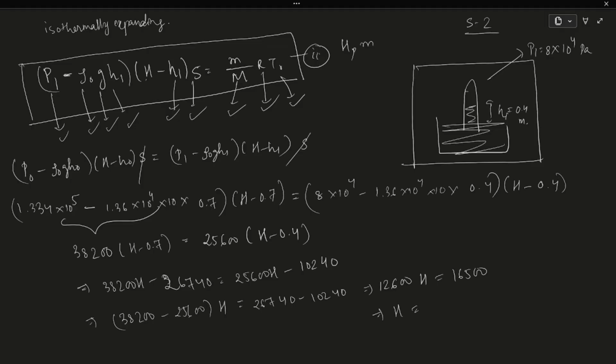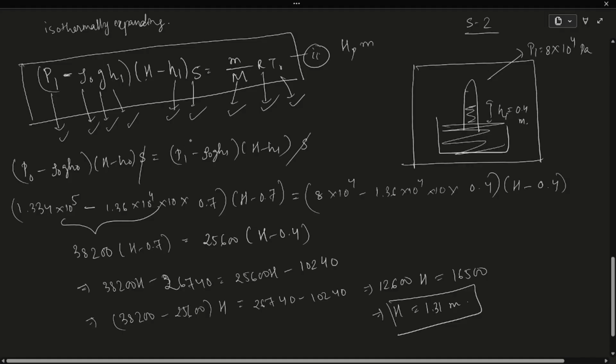Here H I get 16500 divided by 12600. We are getting 1.31 meters. This is the height of the tube.